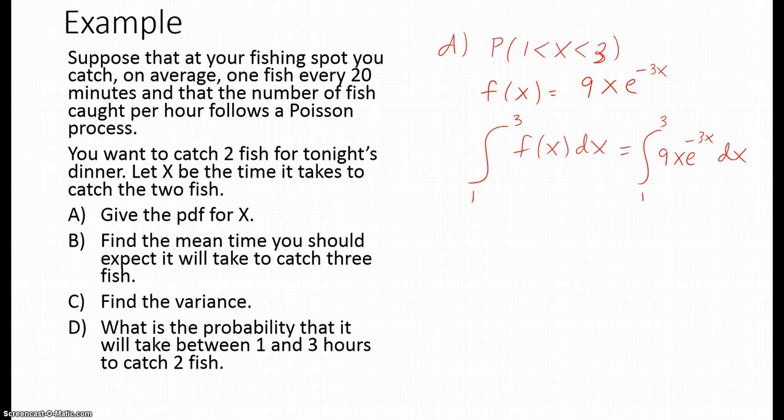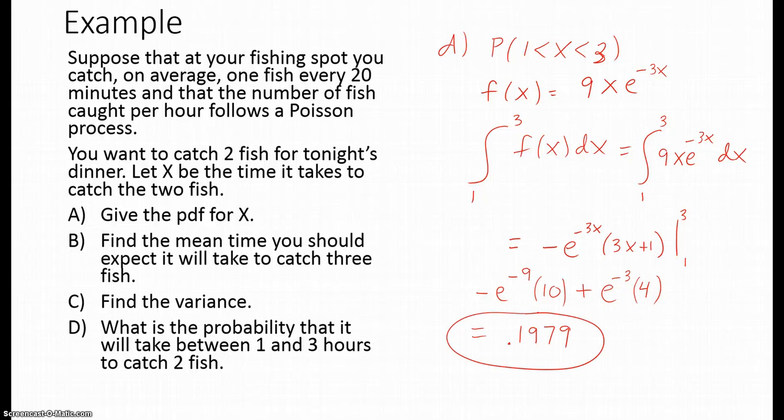Substituting in our probability density function and doing our integration, evaluating it at 3 and 1, taking the difference, gives us a probability of 0.1979.